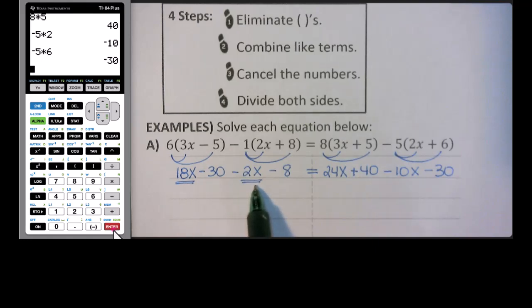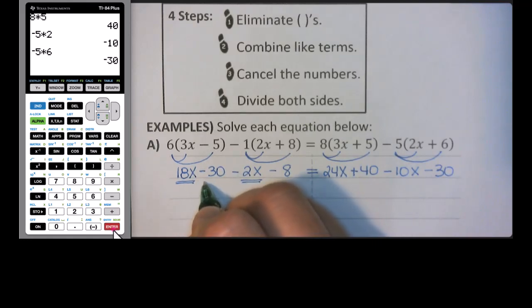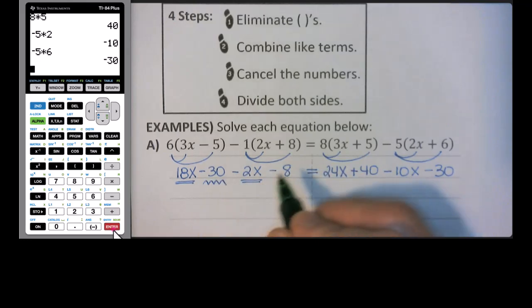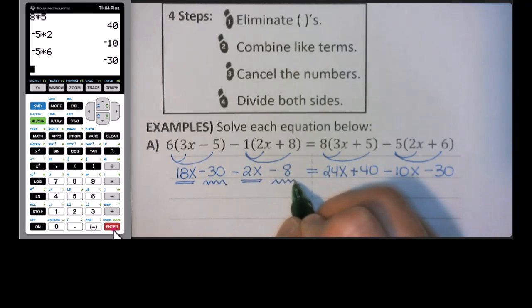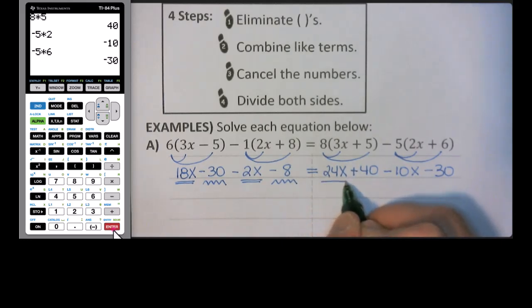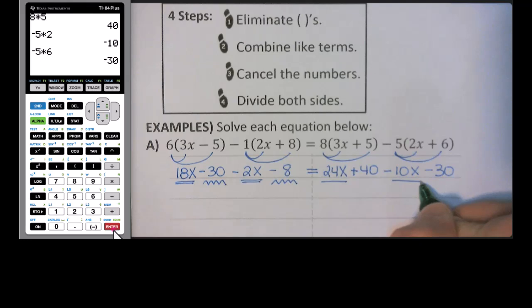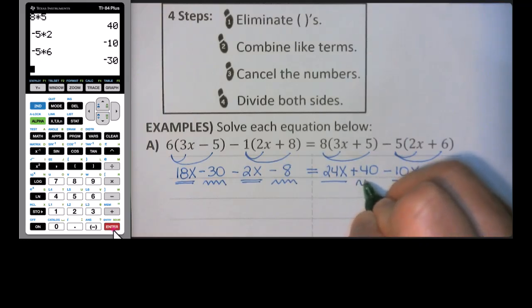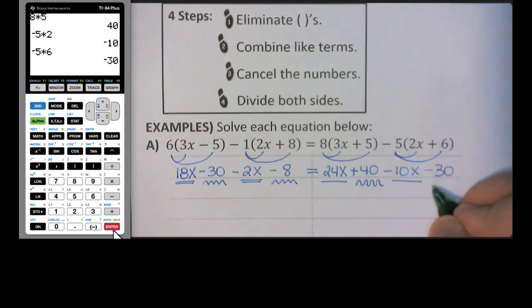You can only combine if they're on the same side of the equation. Now on this side here, we also have negative 30, which we can combine with negative 8. On the other side, we have 24x that can be combined with 10x. And then here we have 40 can combine with 30.